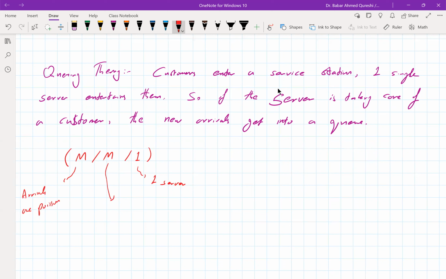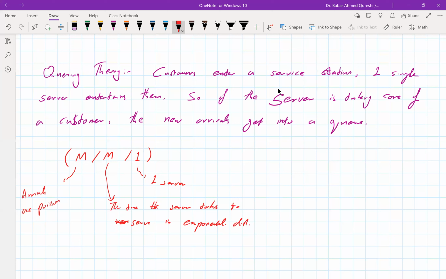And this means that the time the server takes to resolve or to serve is also exponential, because it's a single variable. So these are Poisson processes.